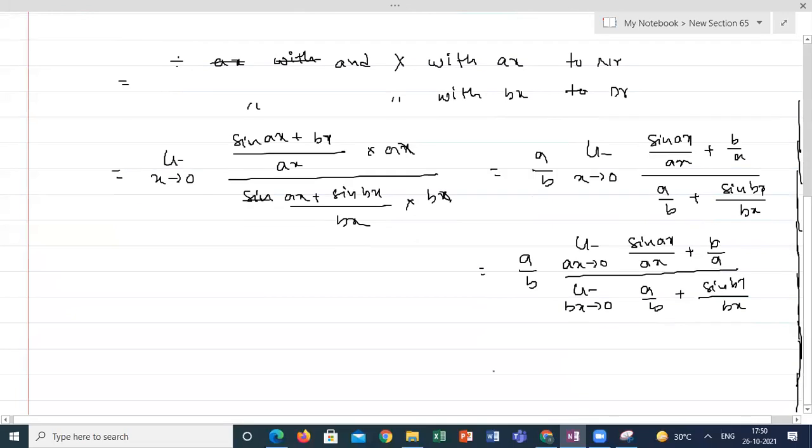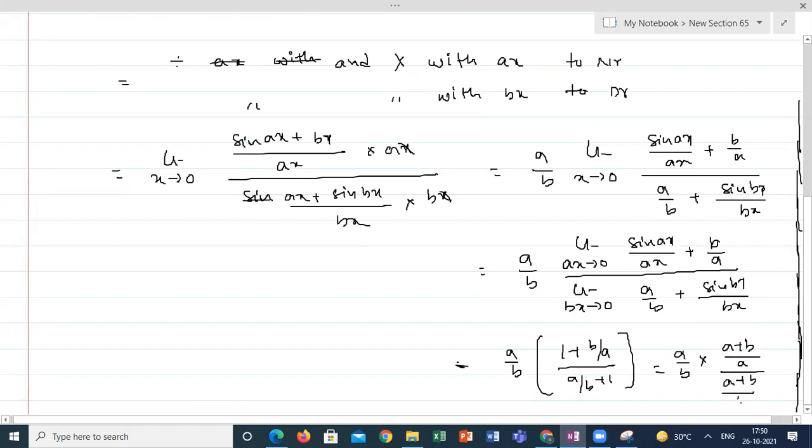Applying the limit, a by b into 1 plus b by a divided by a by b plus 1. So a by b into (a plus b) by a divided by (a plus b) by b. A plus b cancels, this a cancels, b cancels. Answer is 1. So the final answer is 1.